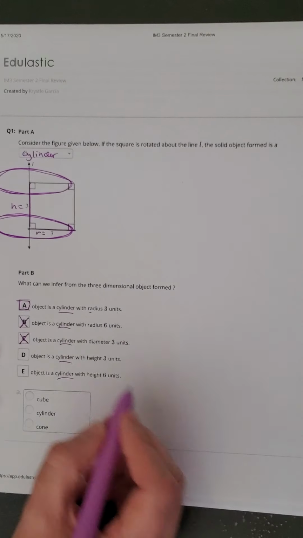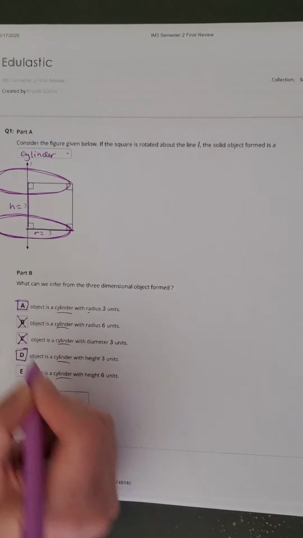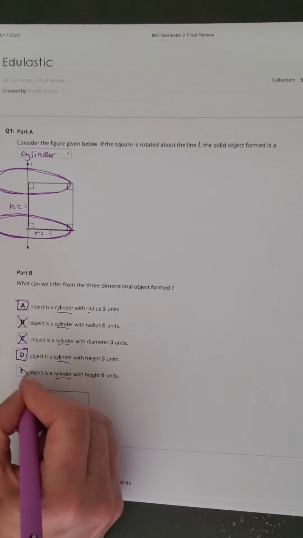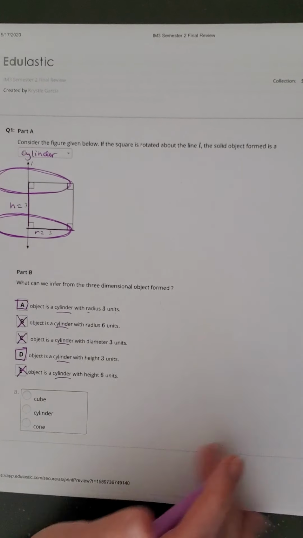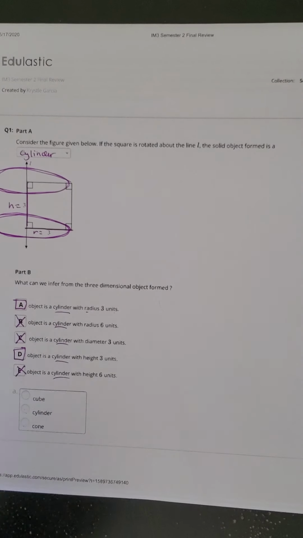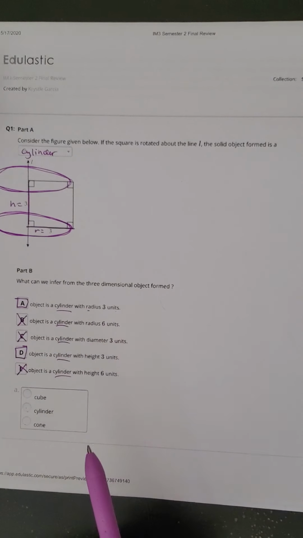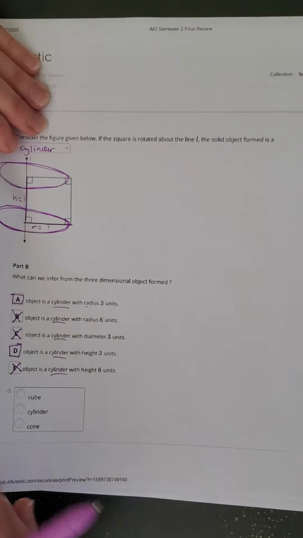Nope, that's the radius. It's a cylinder with a height of 3 units. Yes, that is true. And it is a cylinder with a height of 6 units. That is not true. And you see that your 3 choices were cube, cylinder, or cone. And then based off of the rest of the problem, hopefully we know what they're talking about, that it's got to be a cylinder.